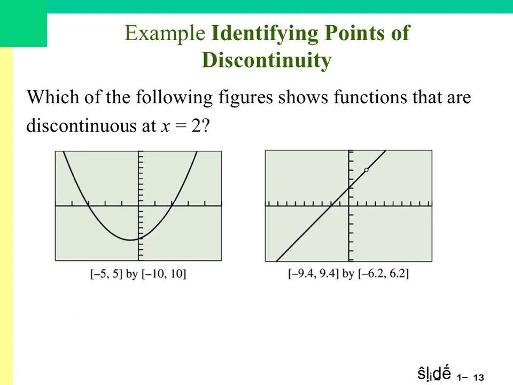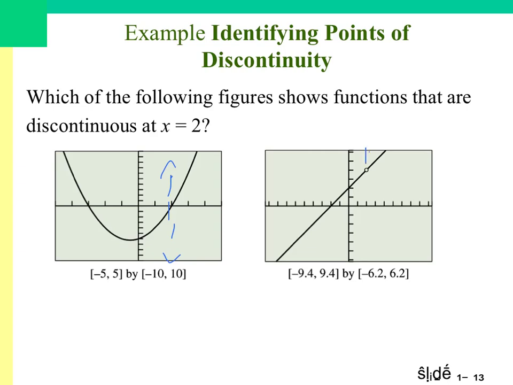So let's take a look. Which of the following figures shows functions that are discontinuous at x equals 2? So this is what I do. I go to where x equals 2. So the x values go from -5 to +5, so 1, 2. So I just look right here. Did x have a value there at 2?